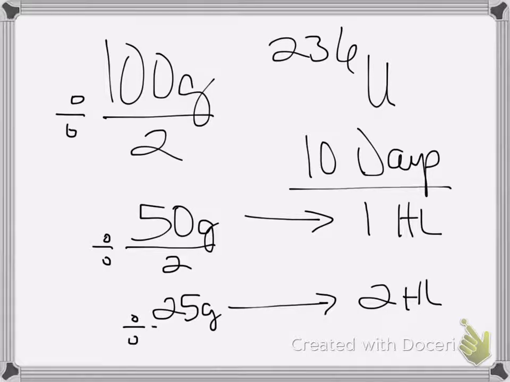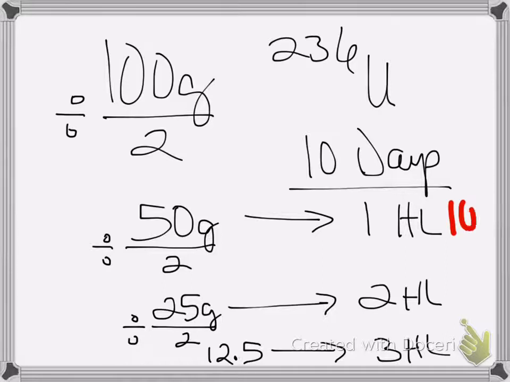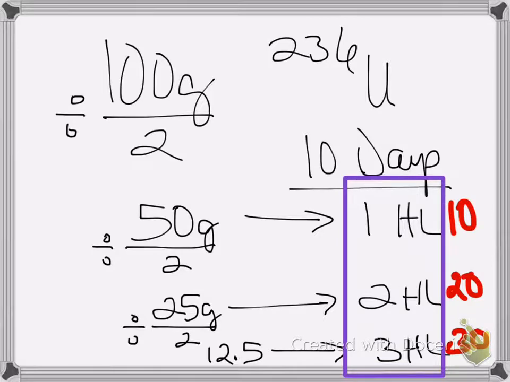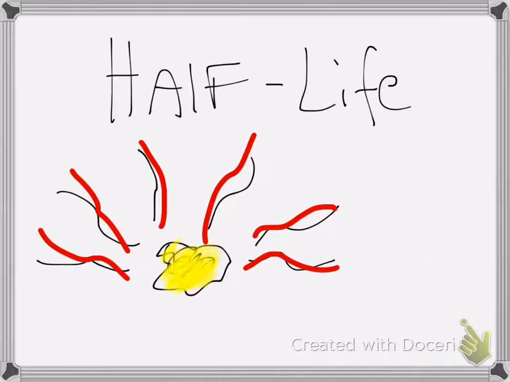Divide that by 2 again, you end up with 12.5, which is technically our third half-life. So if we're looking at a 10-day time span, this is 10 days, this is 20 days, and that's 30 days. So it's going to take 30 days for us to go from 100 grams to 12.5 grams, which is 3 half-lives.